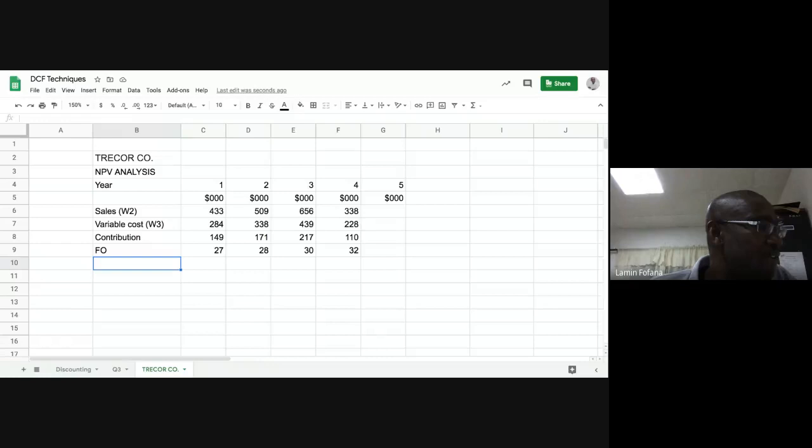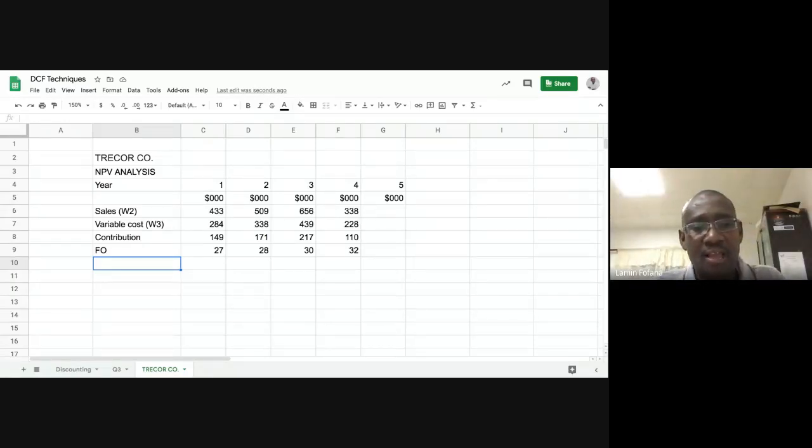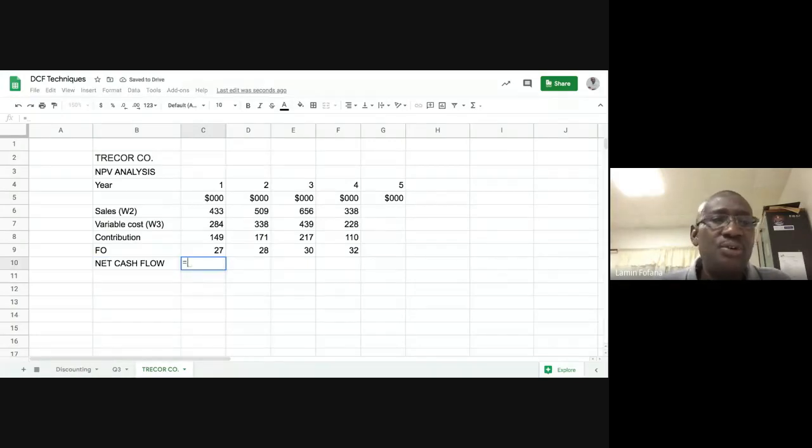Then we'll have our net cash flow. Our net cash flow will be equal to our contribution less fixed overhead.